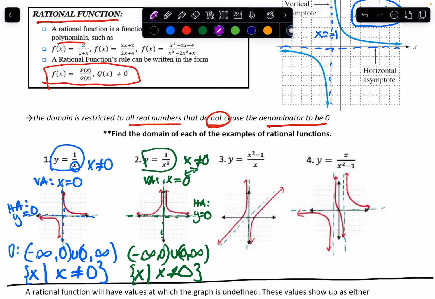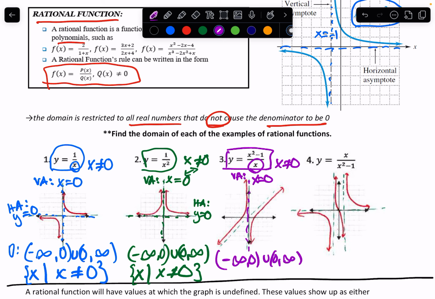Next example, we have y equals x squared minus 1 over x. Again, the denominator cannot equal 0, so x cannot equal 0. So we already know that x equals 0 is going to be the vertical asymptote. And our domain is going to be negative infinity to 0 or 0 to infinity.